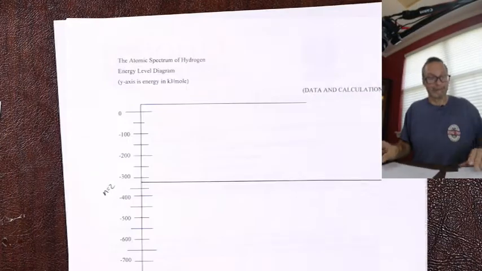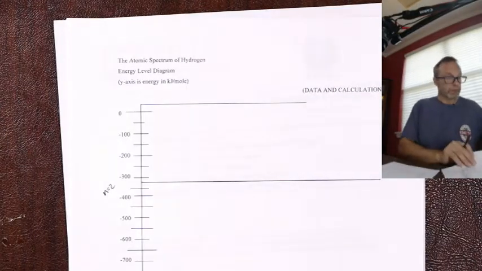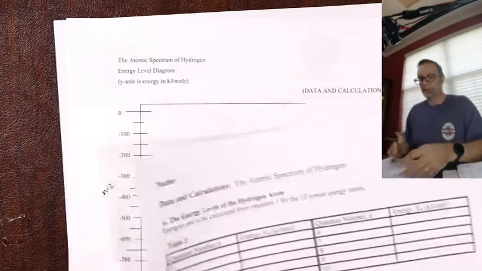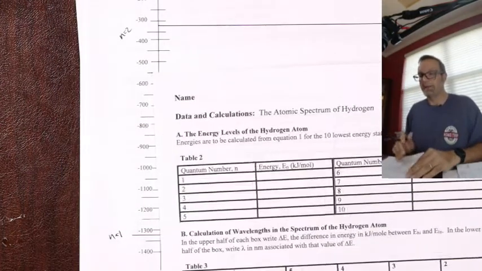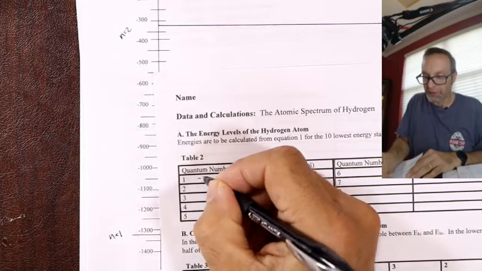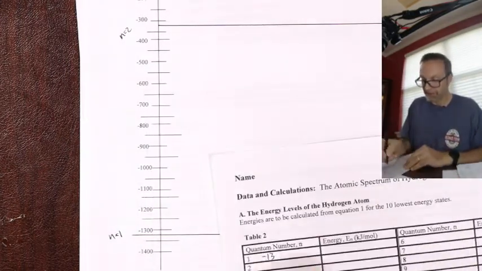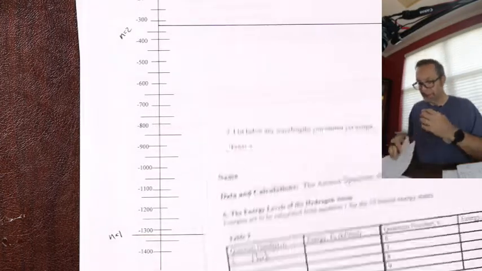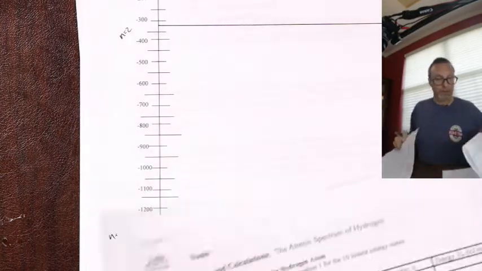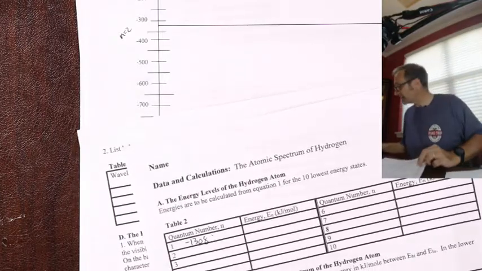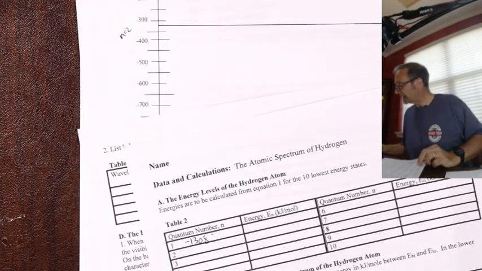Fair enough. Okay. Now, let's go back to the old packet here. So we did that math, okay? Number 1 was minus 1312.04, right? And then minus, what was it? Let me go to my calculator. 328.